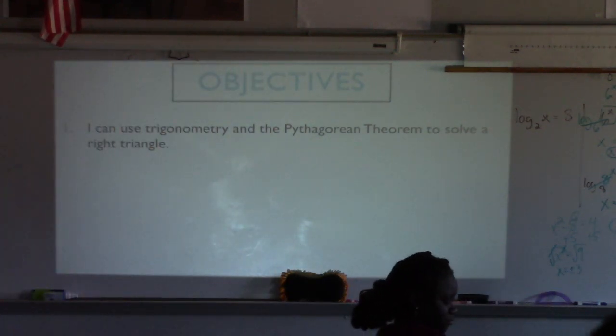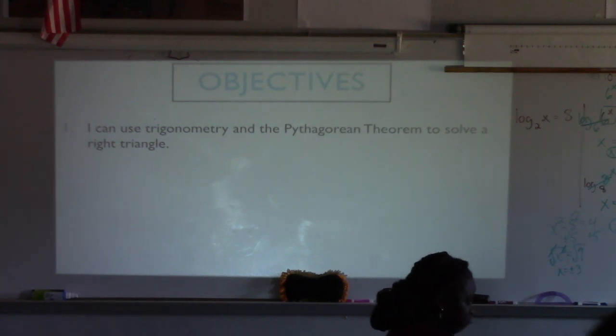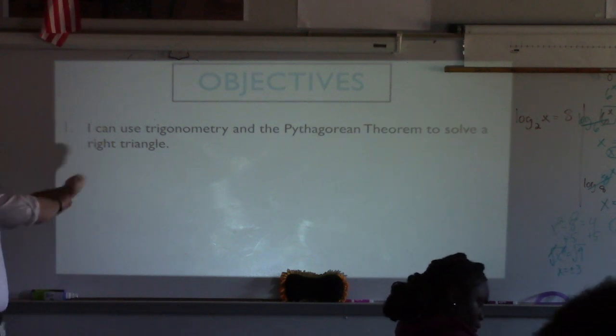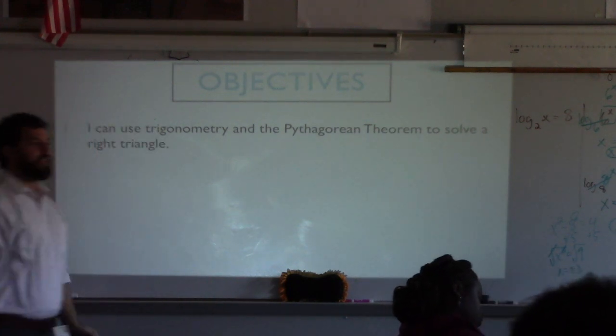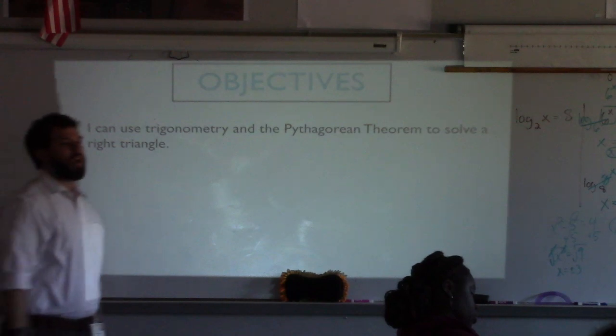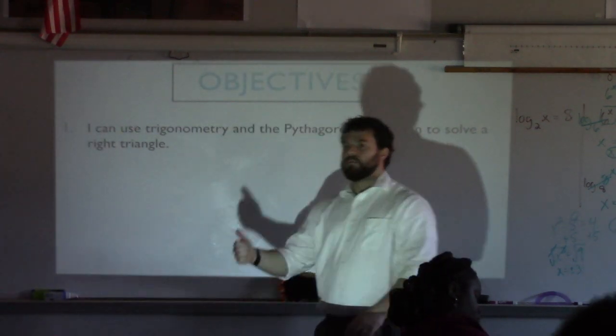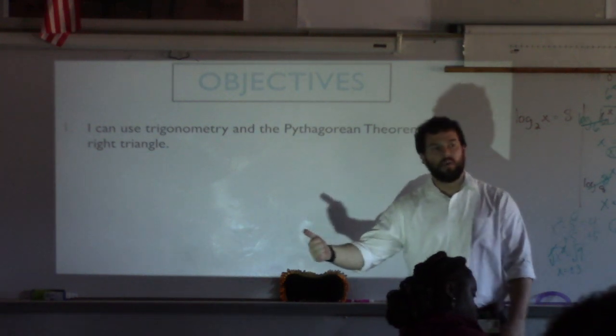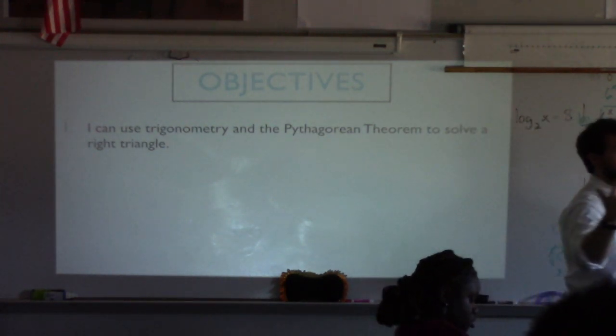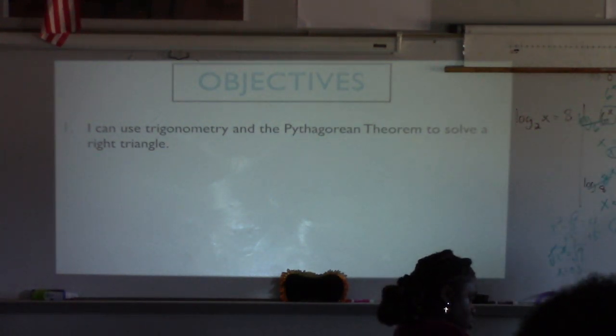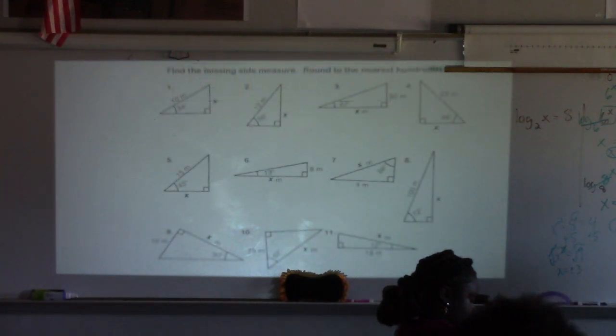Remember, in the bell ringer, what two things did you need to solve for different values of the triangle? Trigonometry and Pythagorean Theorem. Every time you see right triangles, you should probably think about Pythagorean Theorem and or trigonometry. That is something to be aware of, especially for the ACT. It shows up regularly there.